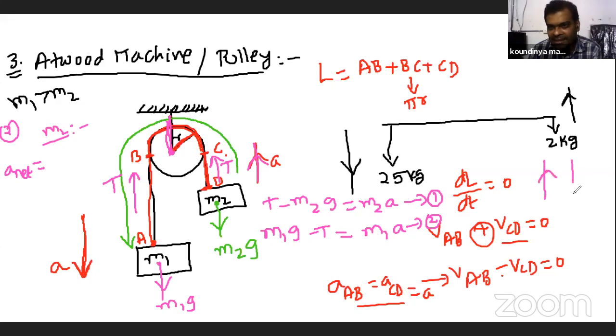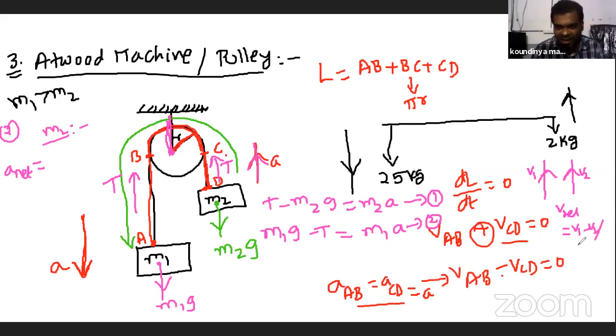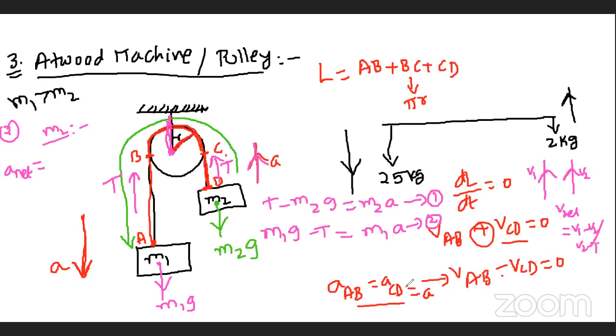If two particles have velocities v1 and v2, the relative velocity is v2 minus v1 or v1 minus v2. If these two particles are moving in opposite directions, the relative velocity is v1 plus v2.